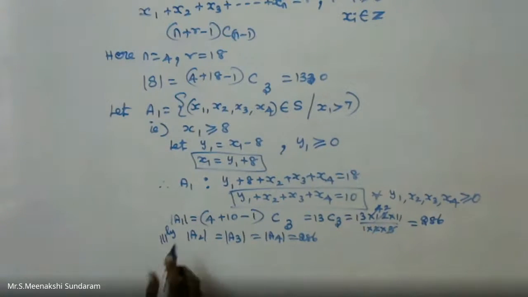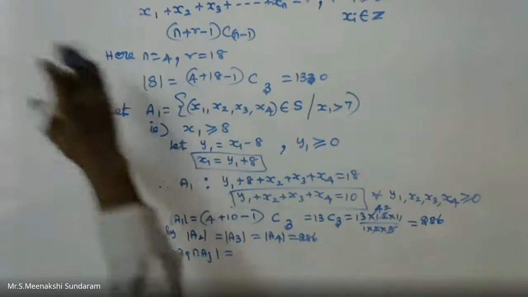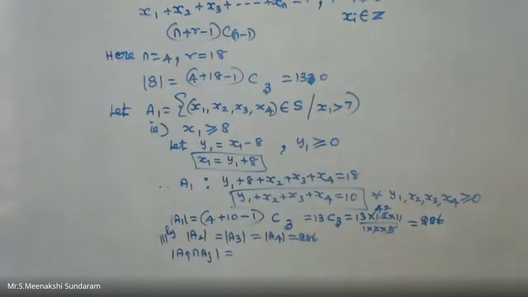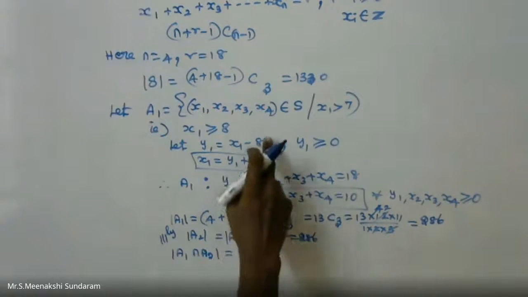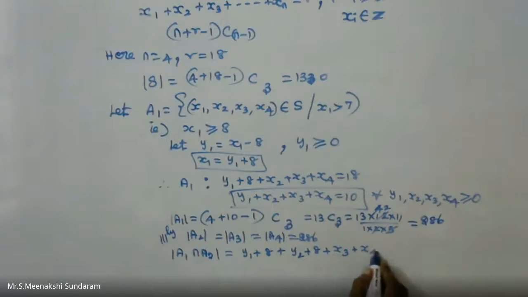Now let's go for the intersection cases: a1 intersection a2, that is, ai intersection aj, because all of them are possible, each taking 7. How did we choose the values here? Two values, y1 and y2, since I took one case. Since xi is greater than or equal to 8, we get y1 plus 8, y2 plus 8, and x3 and x4 have no restriction, equal to 18.